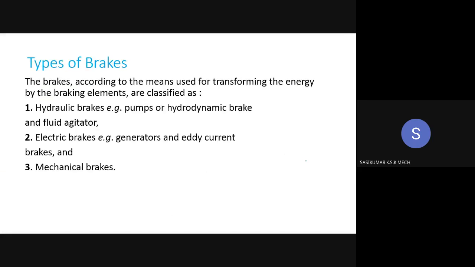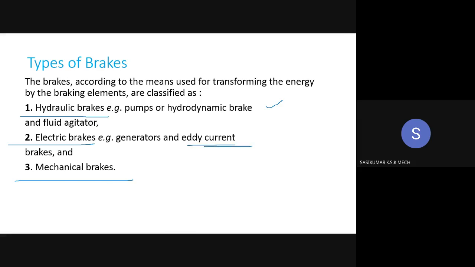Generally, the brakes, according to the means used for transforming the energy, may be classified as hydraulic brakes, electrical brakes, and mechanical brakes. In the case of hydraulic brakes, pumps and hydrodynamic brakes or fluid agitators are used. Electric brakes are applied by means of eddy current.